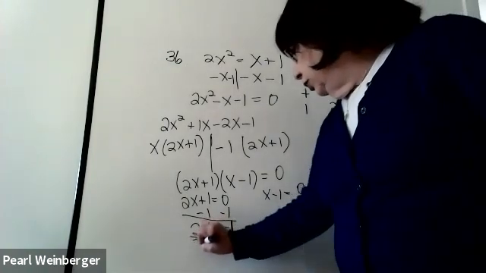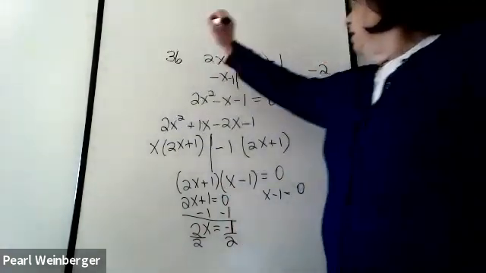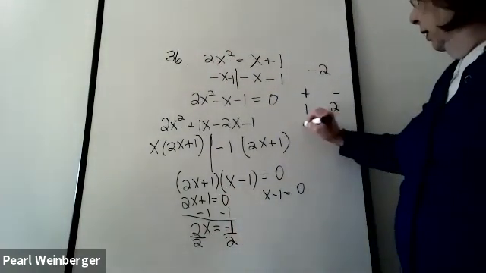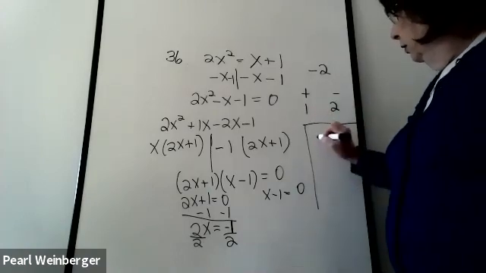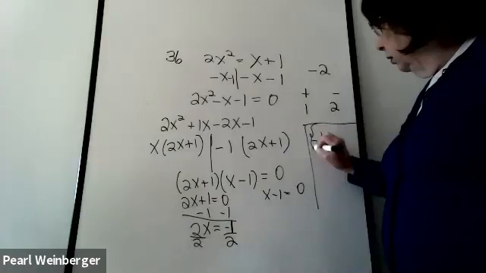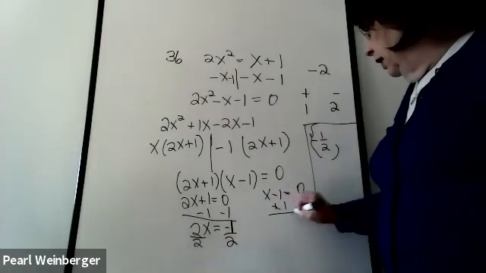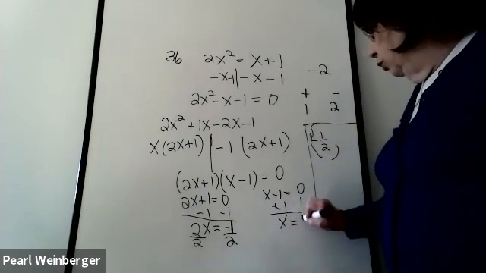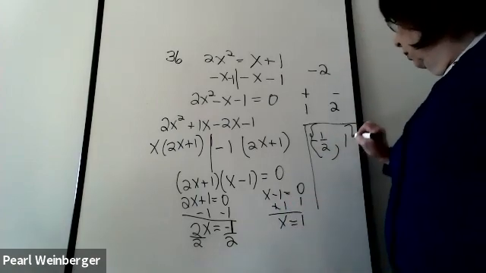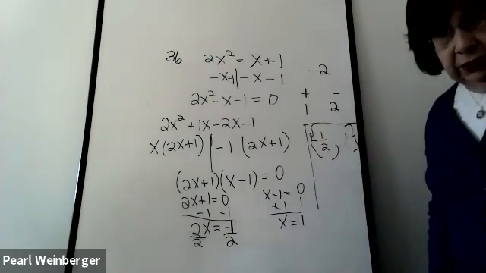I'll divide by 2. So one answer is, let's put the answers over here, -1/2. And here I'm going to add 1 to both sides, and that'll give me x equal to 1. So here are my two answers, -1/2 and +1.